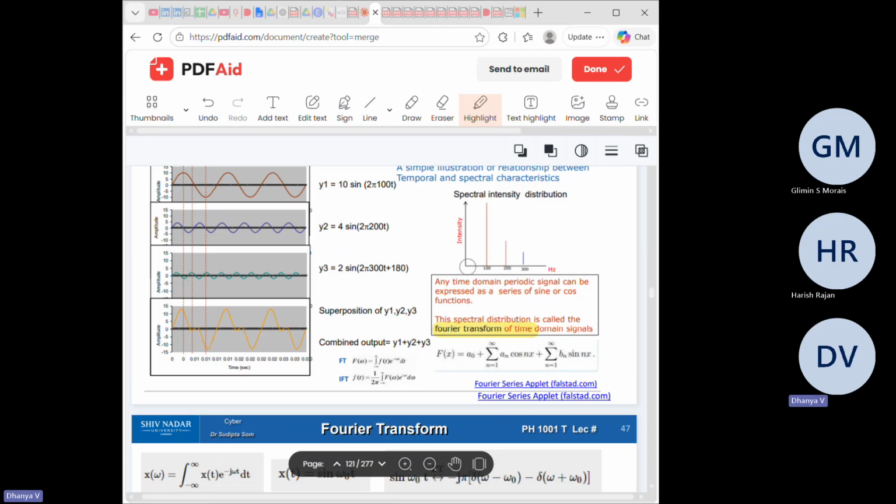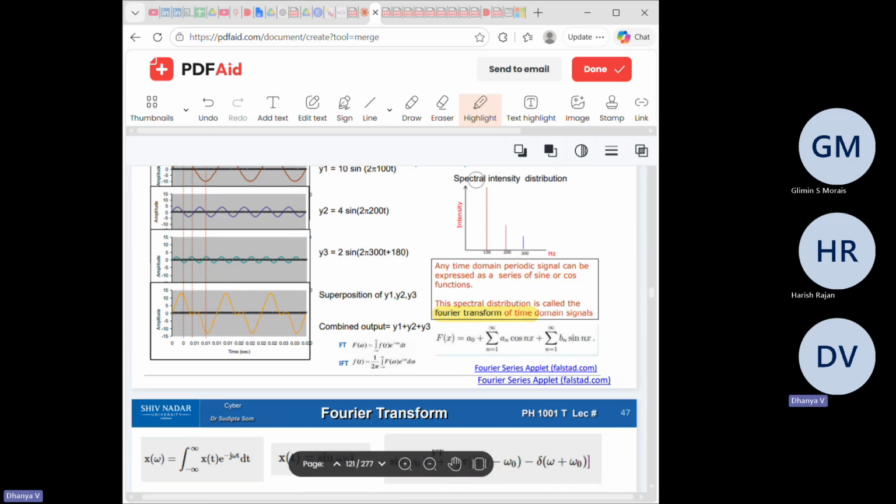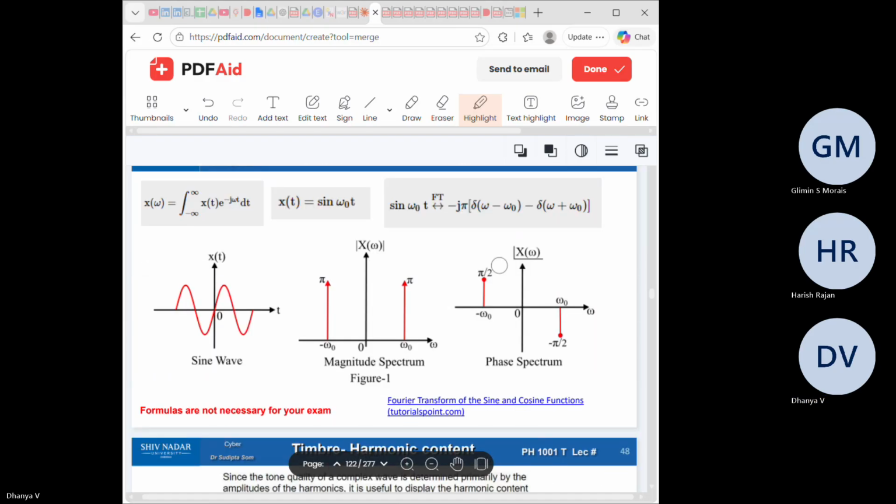And this graph I showed you before, right? Earlier that graph had time on the x-axis, and it has been changed to frequency. That is how you represent it, intensity by frequency. Same thing for the equal loudness curve also.